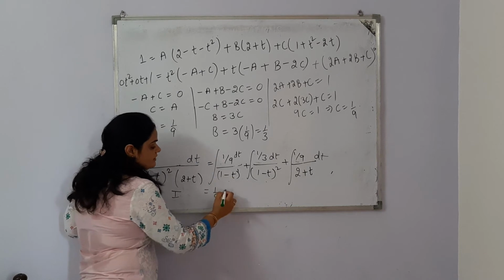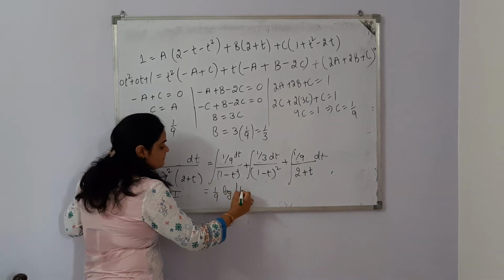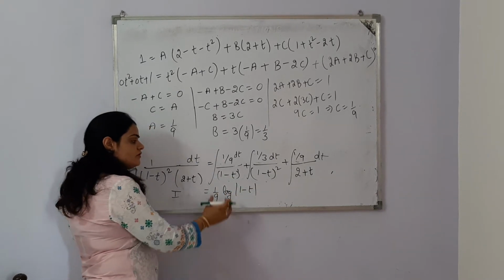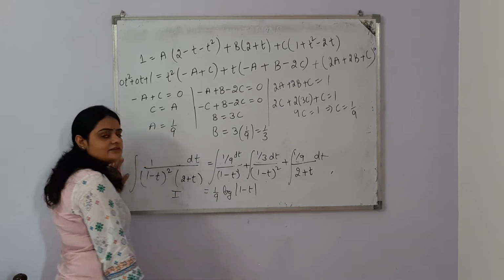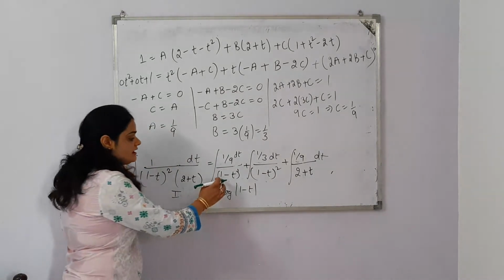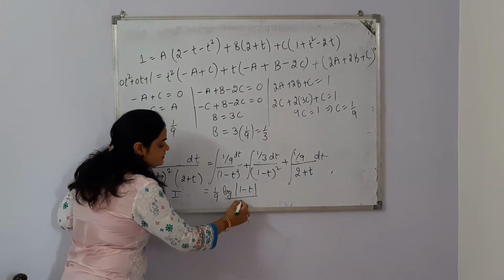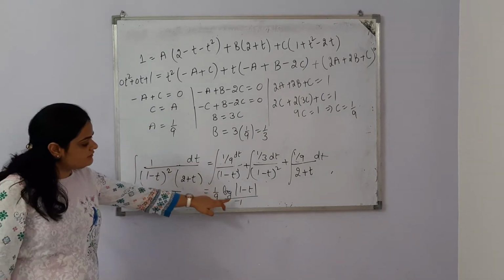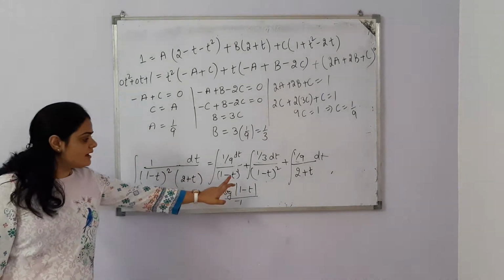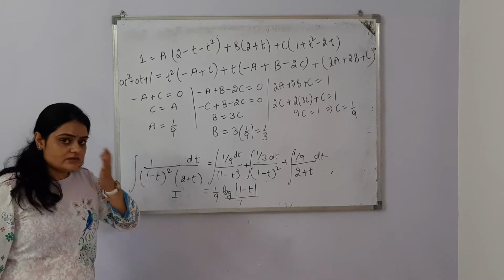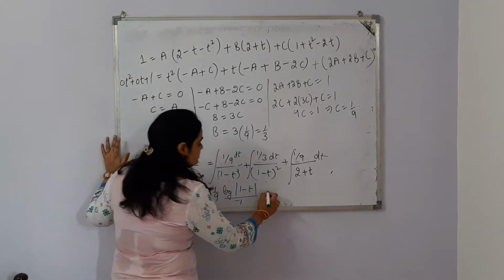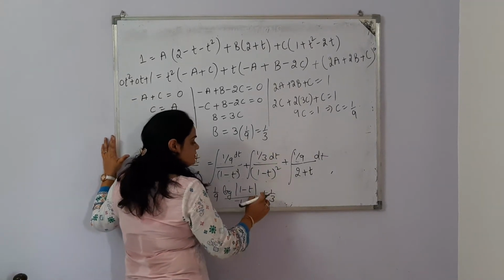Now 1 by 9 is a constant, we'll take it out. So for 1 minus t, we get log of 1 minus t. And of course, first function integrate and second function differentiate: 1 minus t's derivative is minus 1, because 1's derivative is 0 and t's derivative is 1, so 0 minus 1 is minus 1. Again 1 by 3 is a constant, take it out.